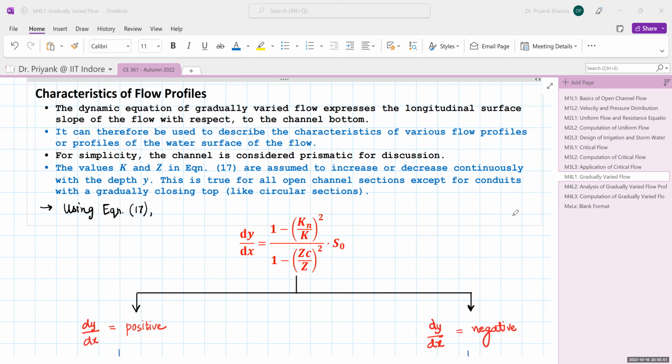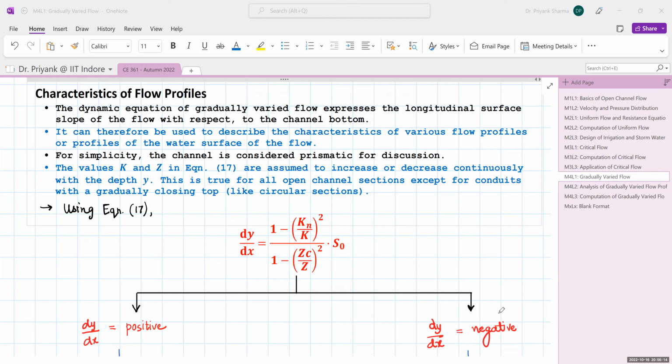Now we are recalling equation 17, which was in terms of conveyance and section factor. There are two terms basically, a numerator term and a denominator term. So dy by dx can take two values, either it can be positive or it can be negative. There are some special cases which we'll discuss later.